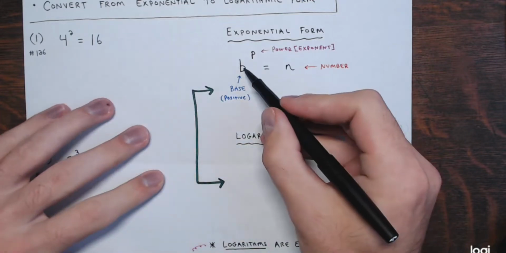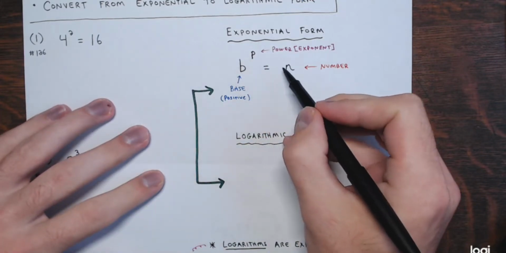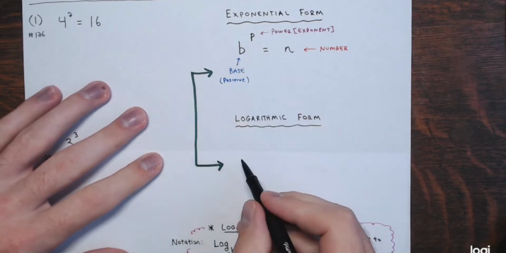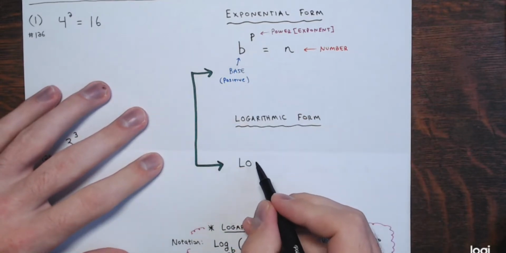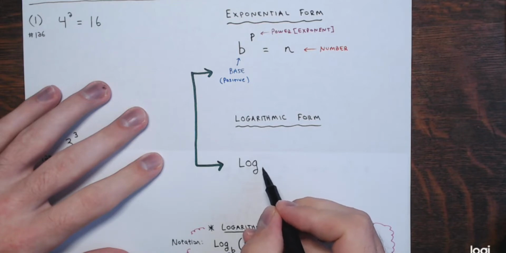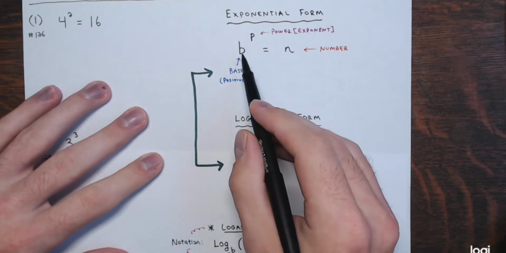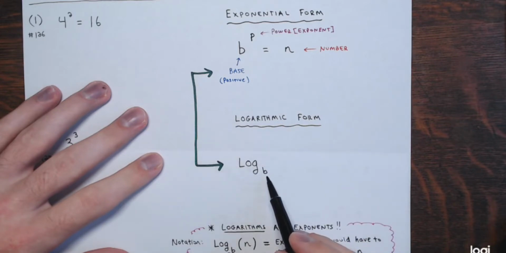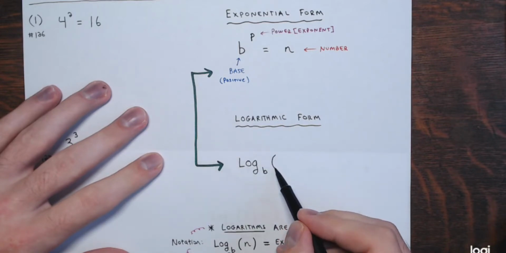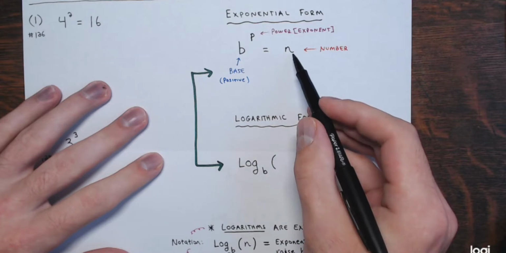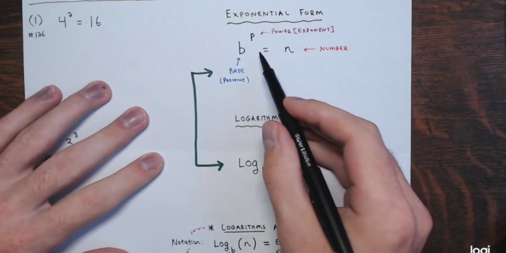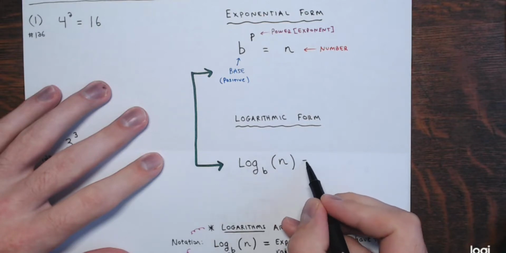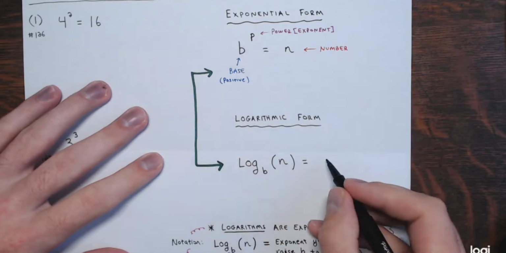So if b to the p is equal to n, that means that the log base b, the base here in the exponential form is the same as the base of the logarithm, of the number on the other side of the exponent, n, is equal to the power, is equal to the exponent.